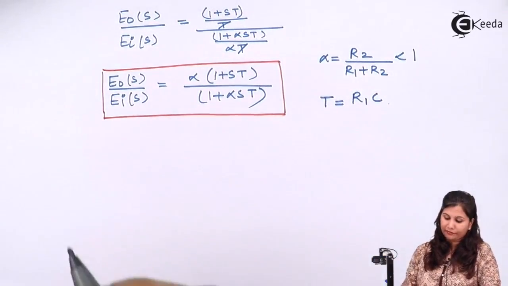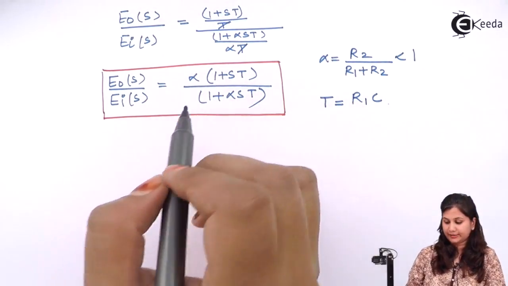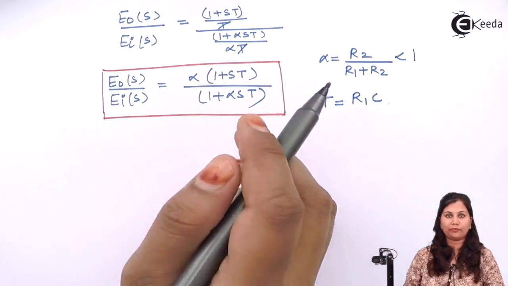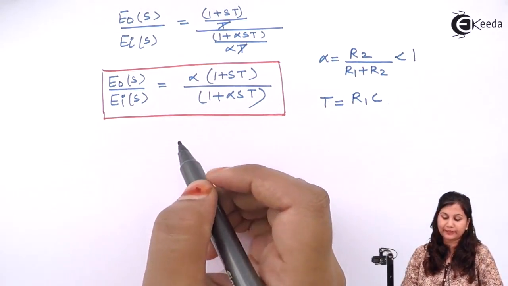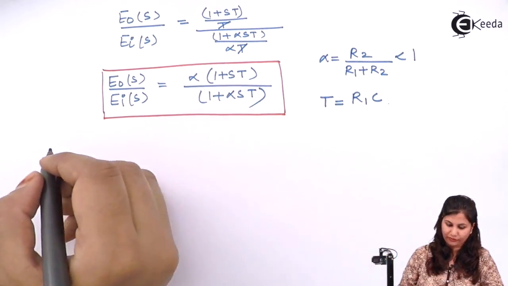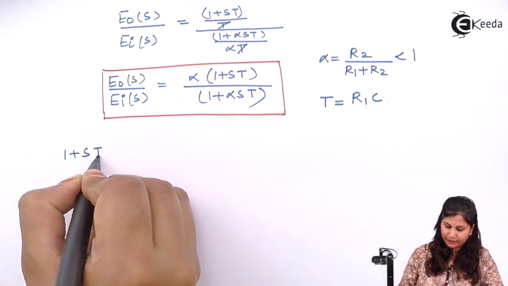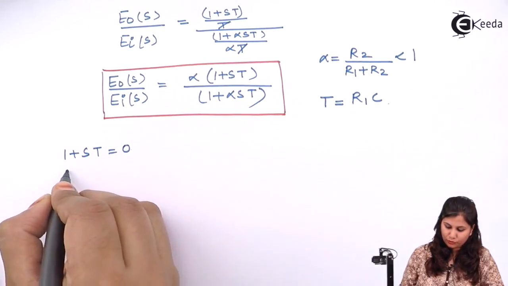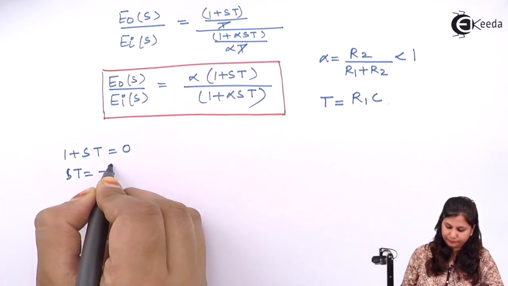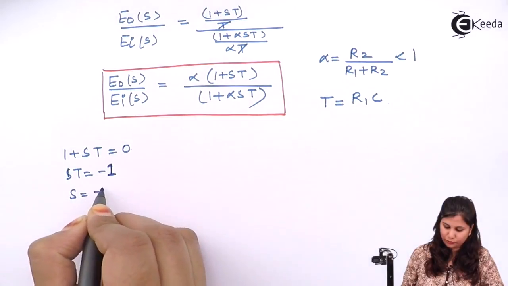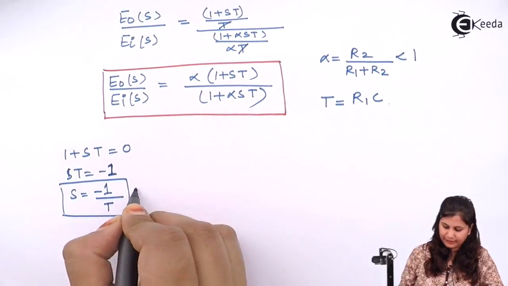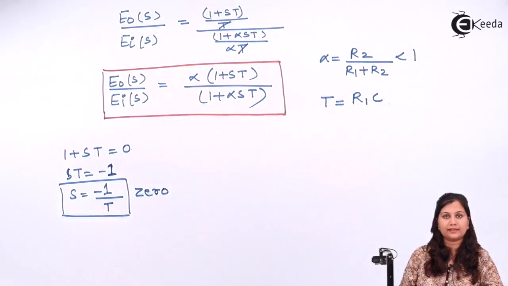Now if we calculate the zeros and poles from this transfer function, the zero can be calculated by equating the numerator to 0. So 1 plus ST equals 0, ST equals minus 1, and S equals minus 1 by T. So this is the zero of this system.